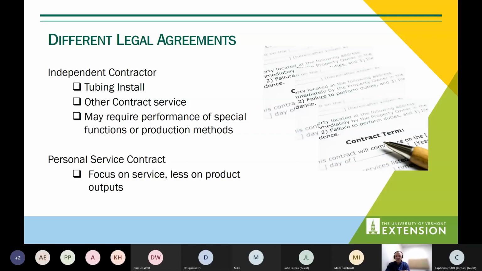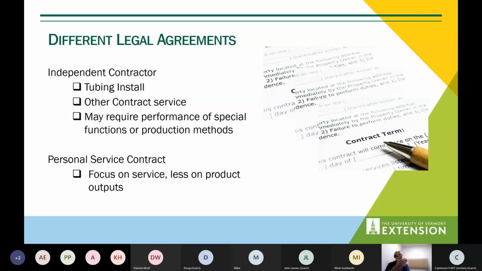And there's other contract services that anyone might need for their business that's not specific to the syrup itself. I think a current or a specific point here for an independent contractor is this is where you can get into an agreement where the agreement may actually require performance of a special function or particular production method per se could be prescribed in an independent contractor relationship.